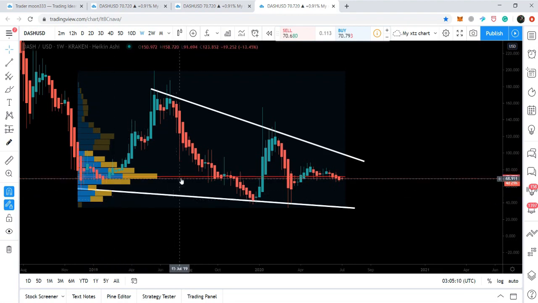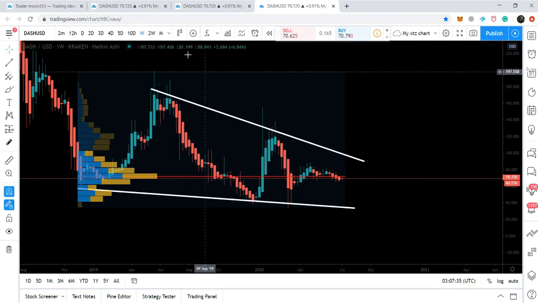This is the POC of this volume profile, the point of control, and it works like a center of gravity for the price action. Whenever the price action moves up or down, it pulls the price back towards itself. At this time, the price action is moving around this POC level, and this is the basic reason the price action is not dropping down to almost $42 or to the resistance of this falling wedge pattern.